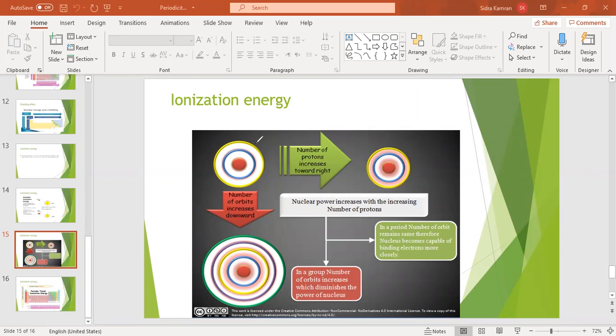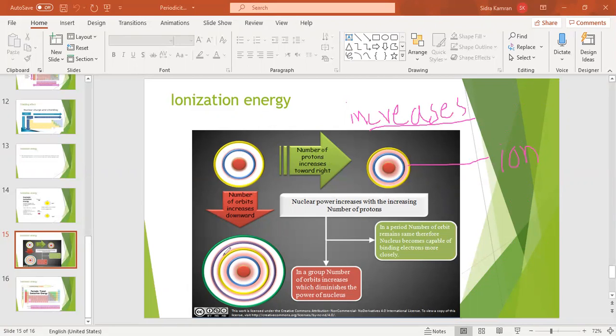So that's why ionization energy increases along the period. You need a high amount of energy to remove the electron, to make the atom an ion, because of the small size and the more attraction between the electrons of the outermost shell and the nucleus.